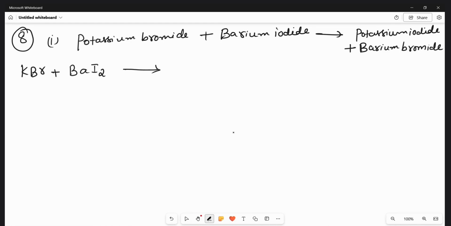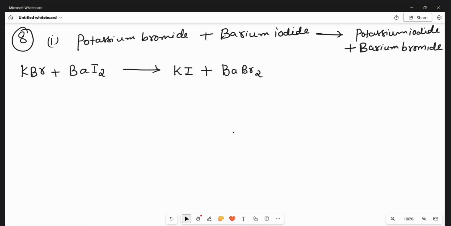Then we get potassium iodide, KI, plus barium bromide, BaBr2.